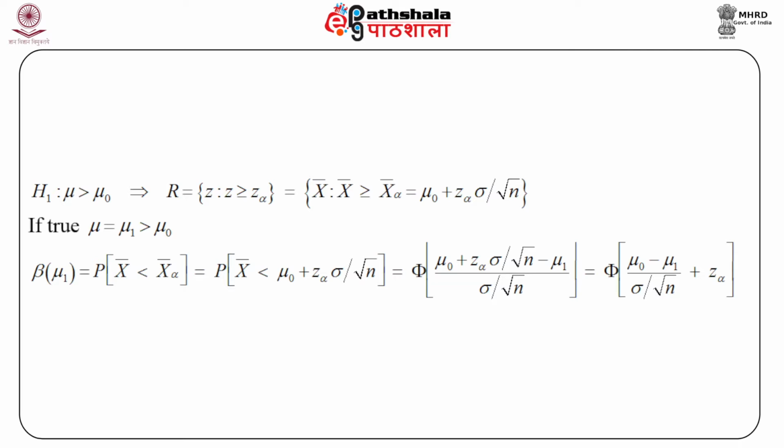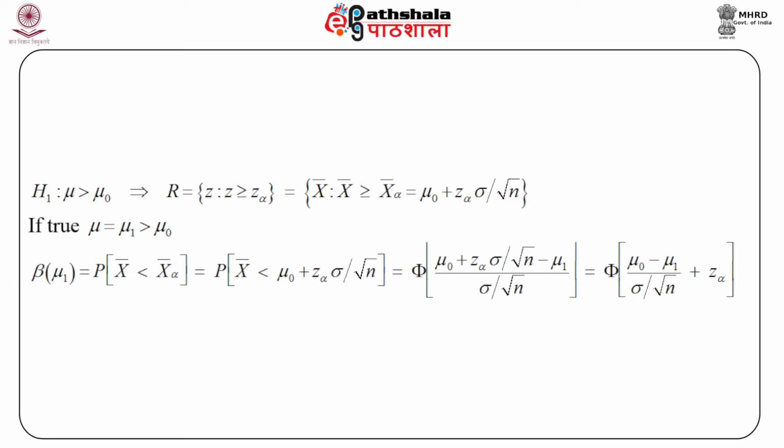So this is our first alternative, and if we have the true value of μ equal to μ1, which is greater than μ0, then we can see that beta(μ1) is equal to probability x̄ less than x̄α.